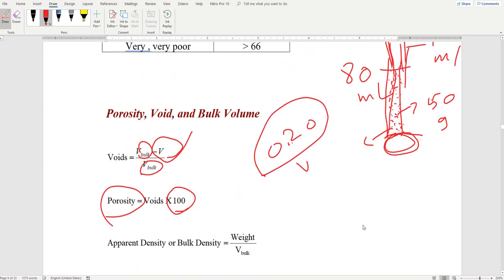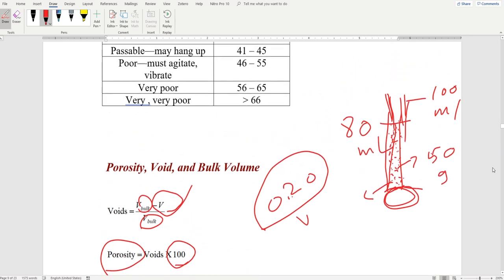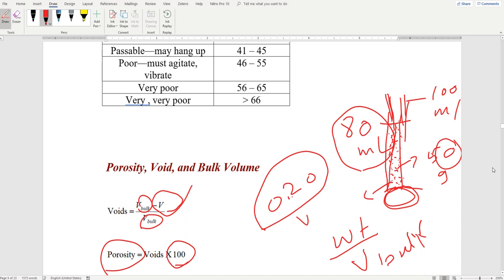Now, what about the apparent density or bulk density? Remember in this example I told you I have 50 gram and it's occupying 80 ml. If I divide the weight of the powder by the bulk volume, meaning the volume which contains the particles and the spaces, then I will get what? I will get the apparent density or the bulk density.